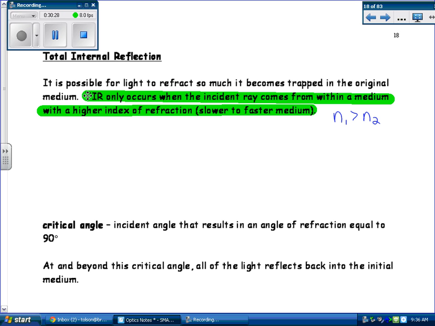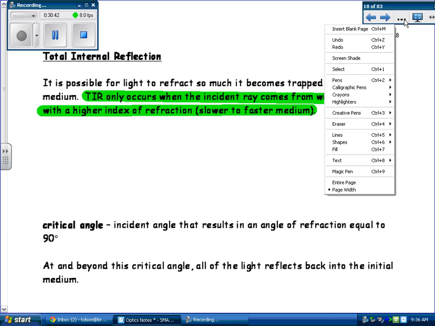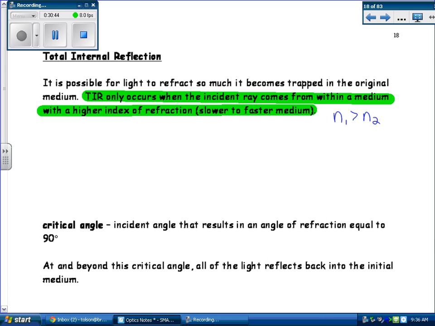Also, because what's happening here? What's happening is when you hit some critical angle, all of the light reflects back into the initial medium. So let me actually draw a diagram first, and I'm going to do a couple more demos that illustrate the diagram. So if we can draw on here our boundary and our normal line.